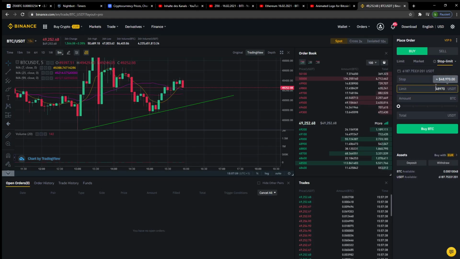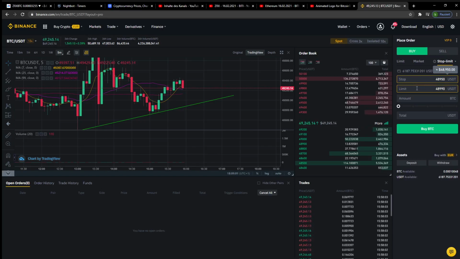You have to know something, guys. If you make this limit bigger, maybe to 990, it's more likely to buy automatically, because if you spike down very fast and it's going up again to 59, 59.1, 59.2, you are not in the trade. You will not buy. So this is the limit.